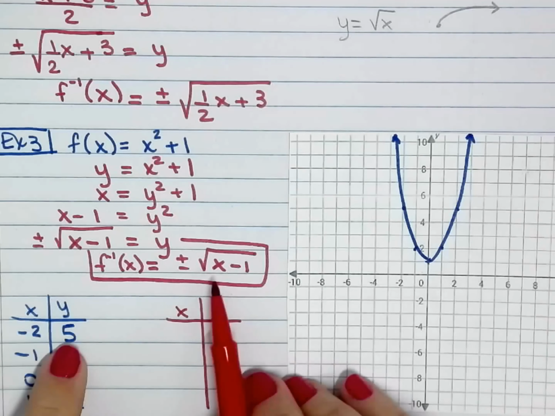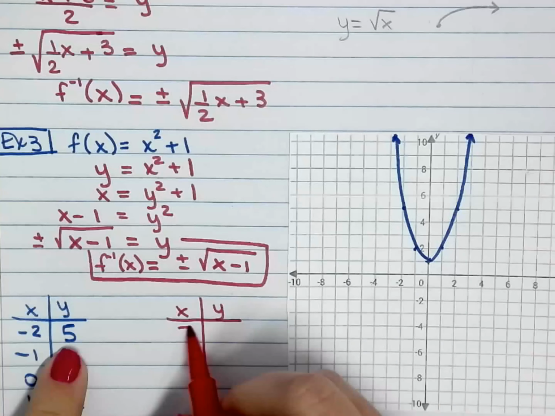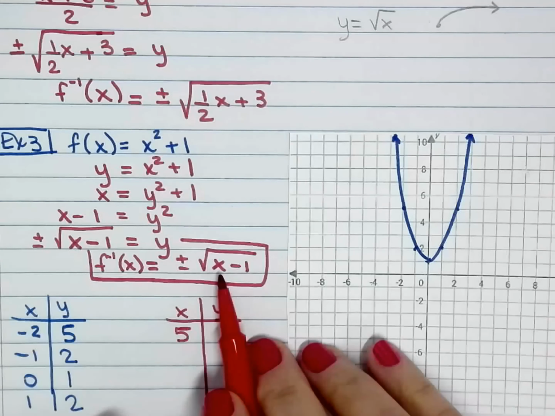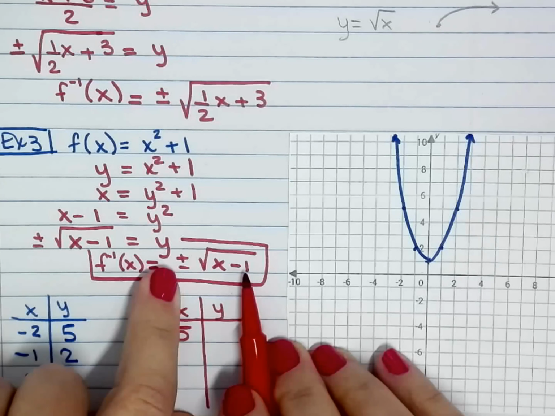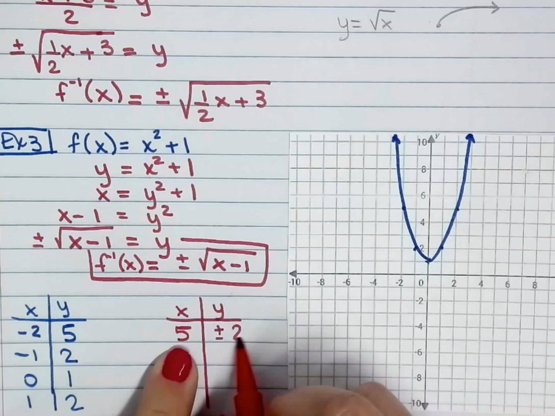So you can do the math here and calculate that when x is 5, we can just switch the table. 5 minus 1 is 4. Square root of 4 is 2. Wait, plus or minus 2 on there. Okay? So I can do 5 plus and minus 2.